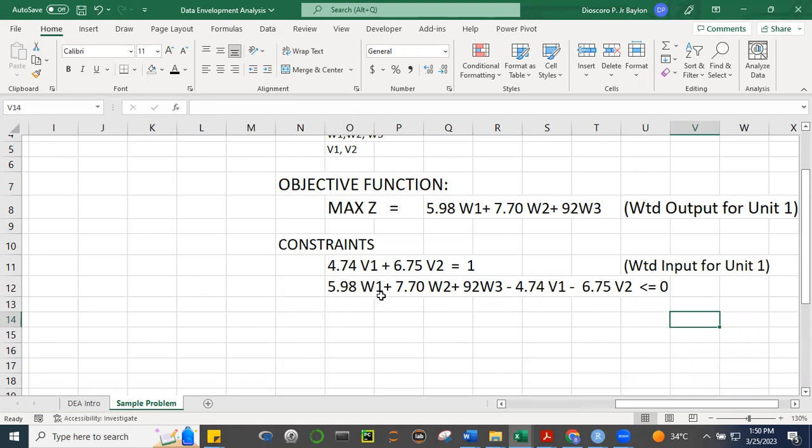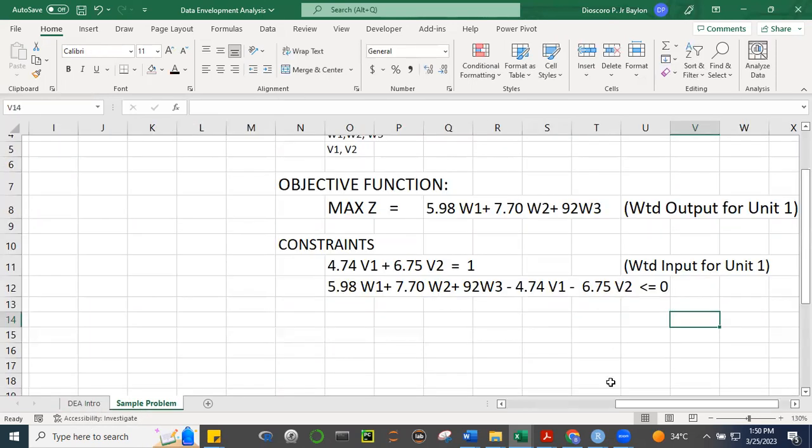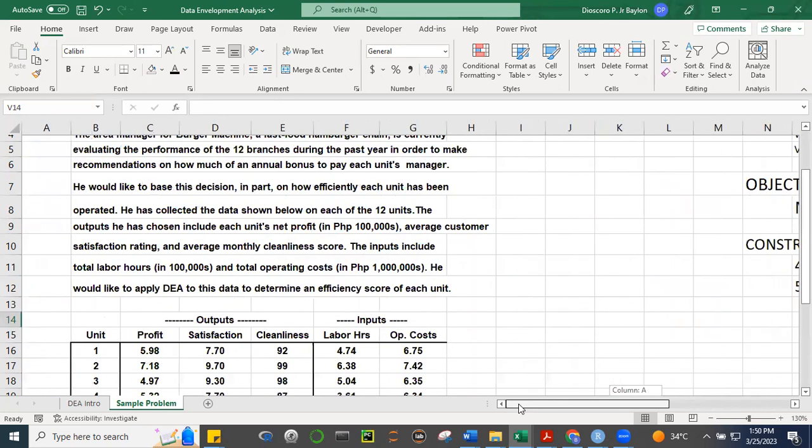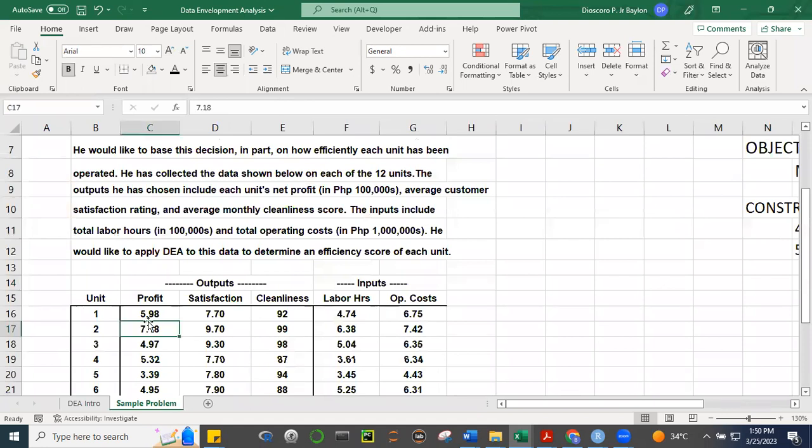And we're subtracting the weighted input from the weighted output, and it should be less than or equal to 0. But that's only for unit 1. So we go to unit 2. See unit 2, that will be 7.18 times W1 plus 9.7 times W2 plus 99 times W3. Okay.